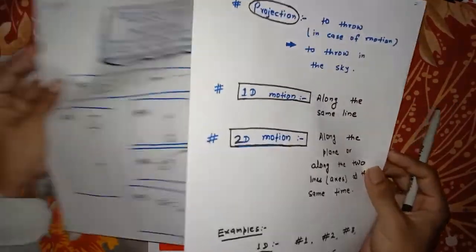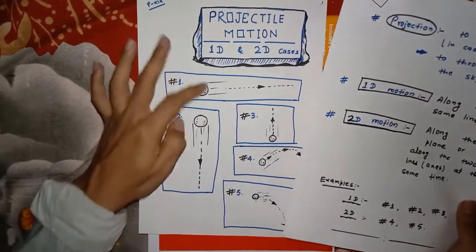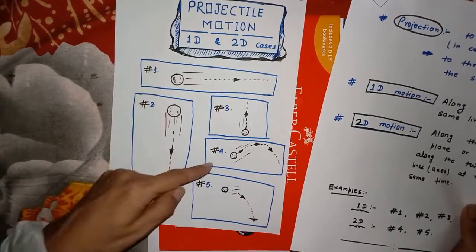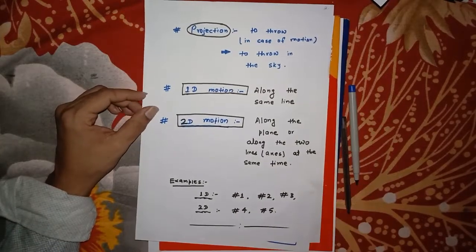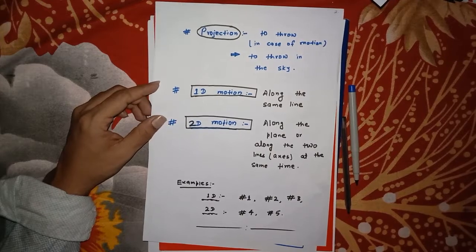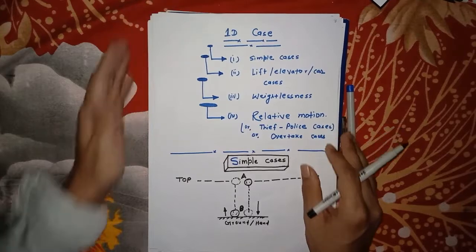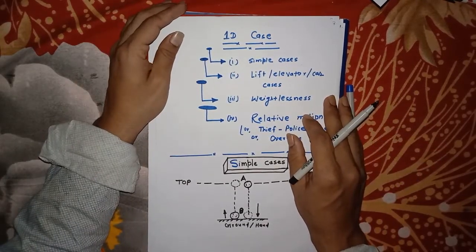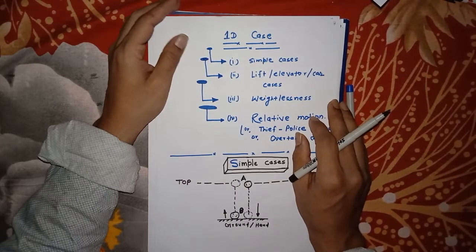So 1D motion has situations 1, 2, 3, as I have already told you. Situations 1, 2, 3 are 1D projectile motion, and 4 and 5 are 2D projectile motion. Have you got my point? Now I have to deal with 1D projectile motion. So what will we study in this lecture for projectile motion?